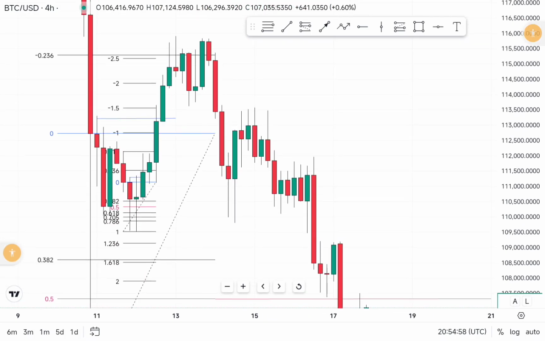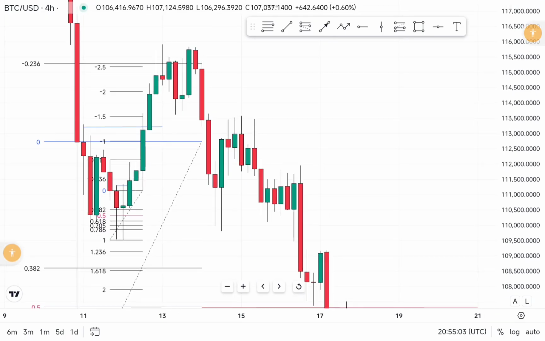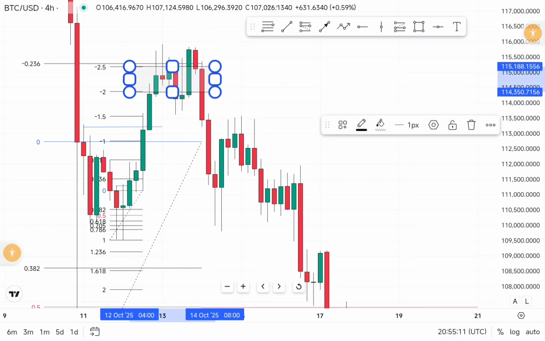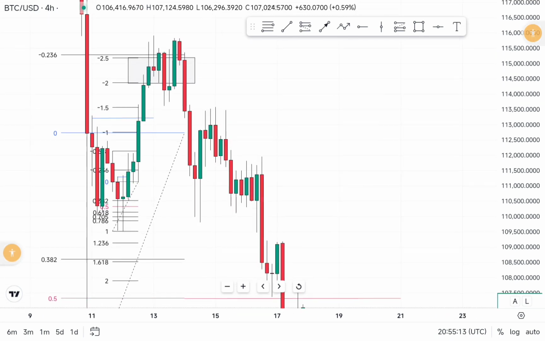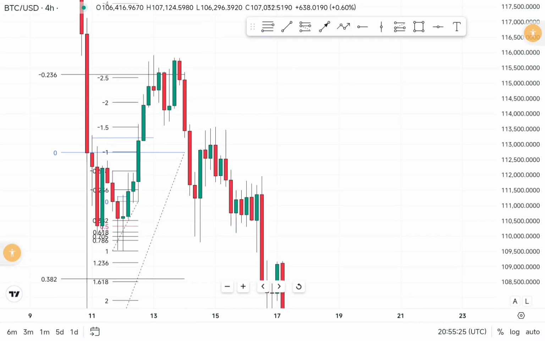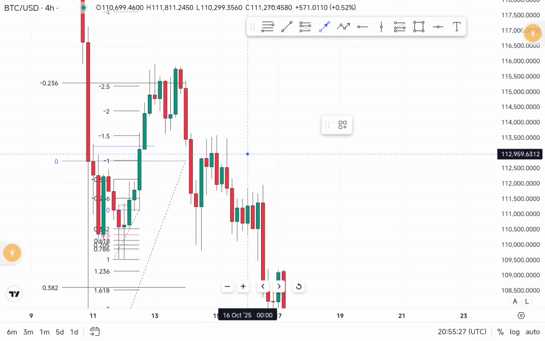As you can see, the price moved and tested the minus 2.5 to minus 2 region, which serves as a pullback, because that signifies that the trend has exhausted its momentum and there's likely to be a reversal from there.